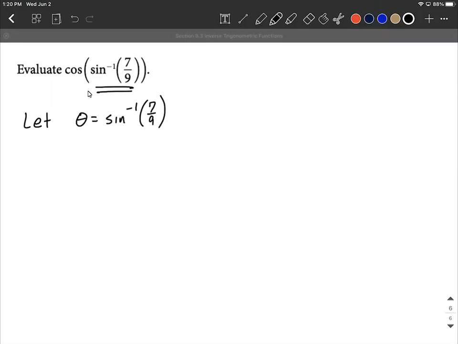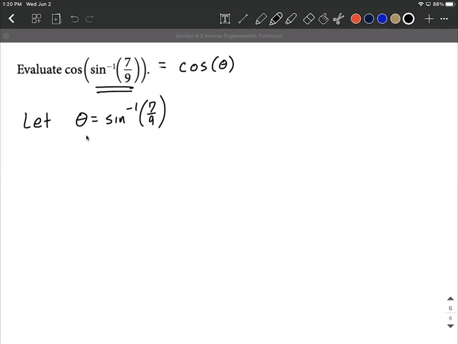What that allows us to do is, instead of thinking this is something super complicated looking, cosine composed with sine inverse of 7/9, this is really just cosine of theta that we would like to evaluate, where theta is defined to be the sine inverse. So I've replaced everything on the inside with a theta by my definition from my let statement.